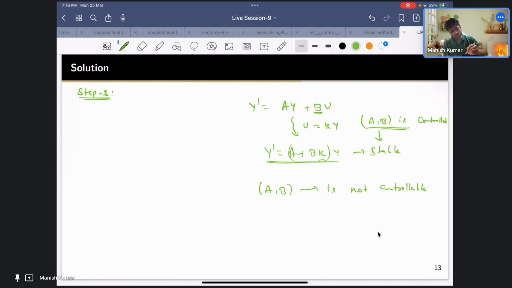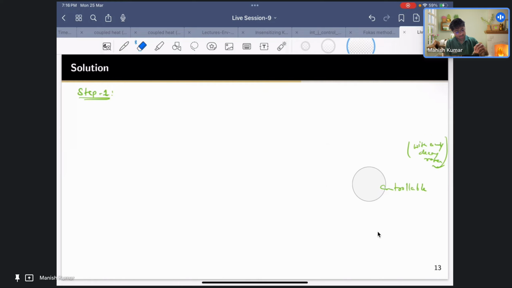Moreover, due to this controllability condition, I am getting stability with any decay rate. That is the advantage. In the example I will not show that it is stable with any decay rate. Anyway, that was just a remark over here.